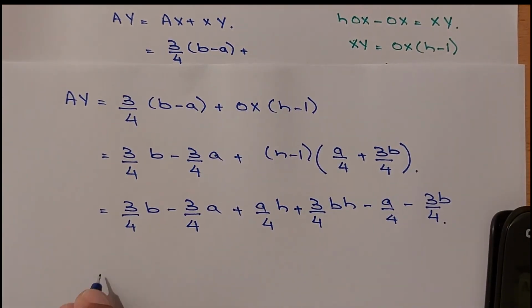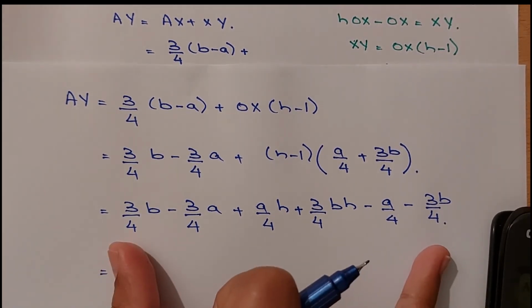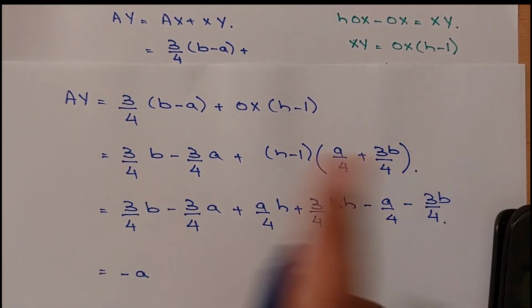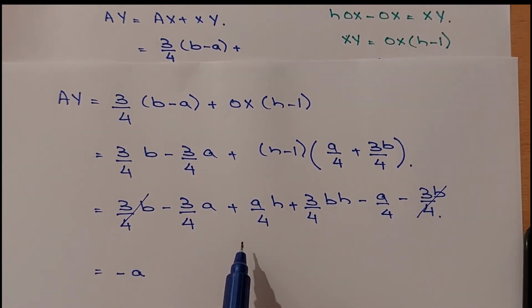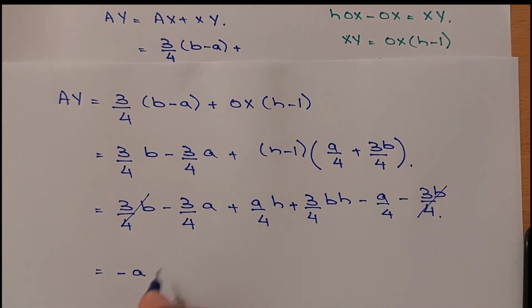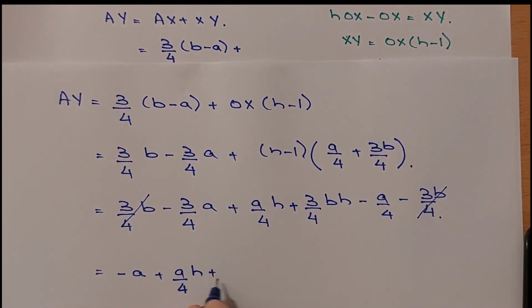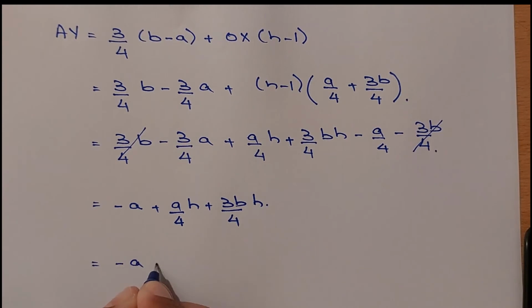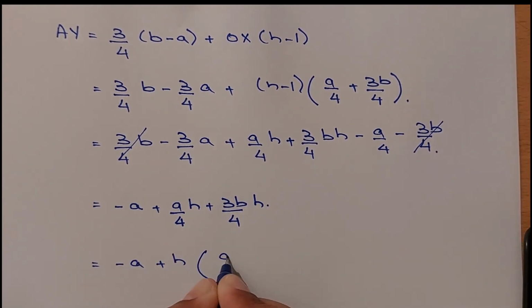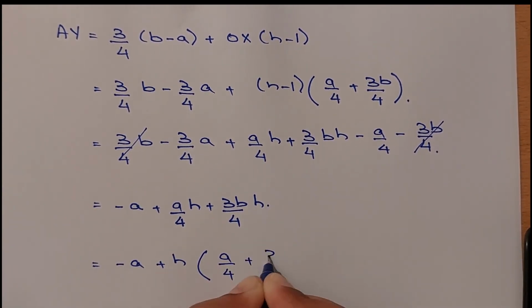So a is just minus 1 times a, and these are the two b terms. Yes, this is cancelled. Positive 3 by 4b and negative 3 by 4b, and we are left with the h terms, right? a by 4 h plus 3b by 4 h, or we can say that minus a plus h into a by 4 plus 3b by 4.